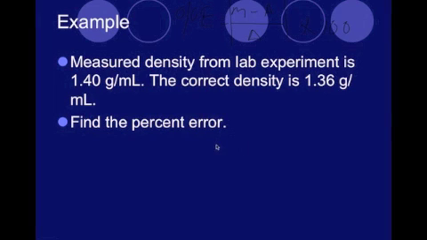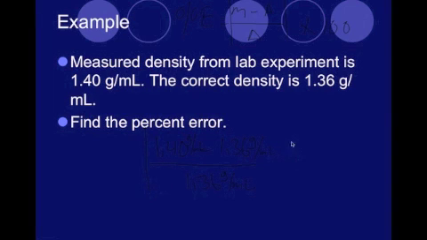Now we take this, and what we'll have is we'll plug it in. We'll have 1.40 minus 1.36 all over 1.36. And guys, remember this is grams per milliliter. We got to put our units, because without units, numbers are worthless.